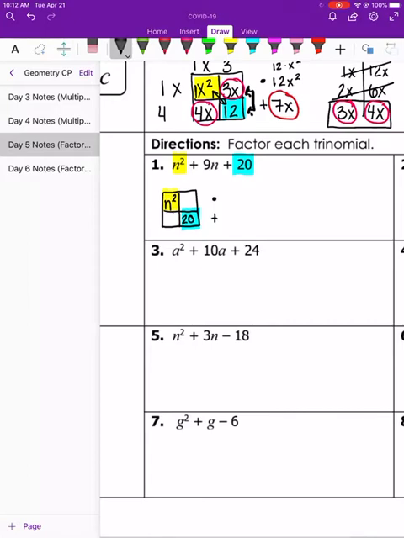Remember, to find out what we multiply to, I multiply these two right here, the ones that I've highlighted. So 20 n squared. And I also am going to add to 9n. You add to that middle one.